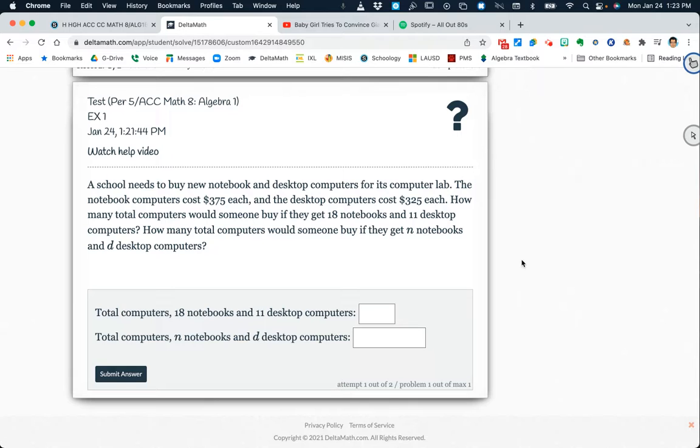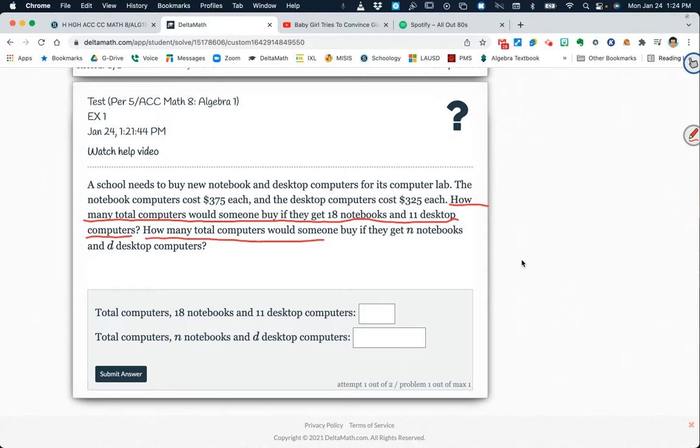Okay, so first of all, there are going to be 2 types of things we're going to be answering: either how many or how much. These questions are asking how many. Do you see that? How many total computers?